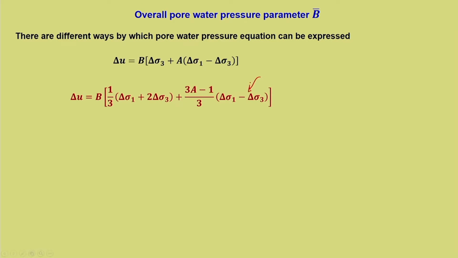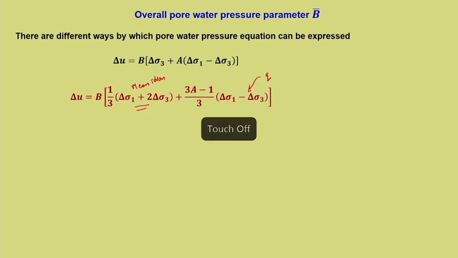This we all know, it is deviator stress q, which we have seen in the previous lecture. What is delta sigma 1 plus 2 delta sigma 3 by 3? This is nothing but the mean stress for triaxial condition.